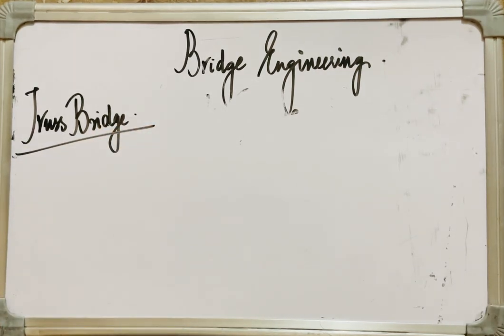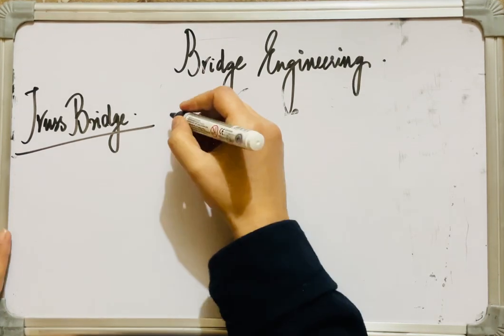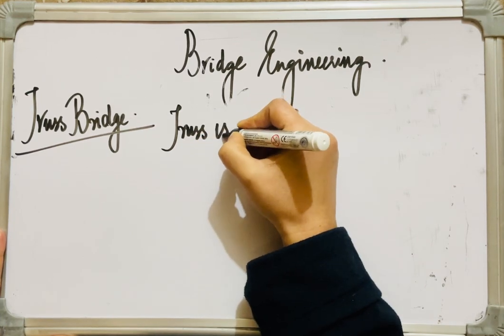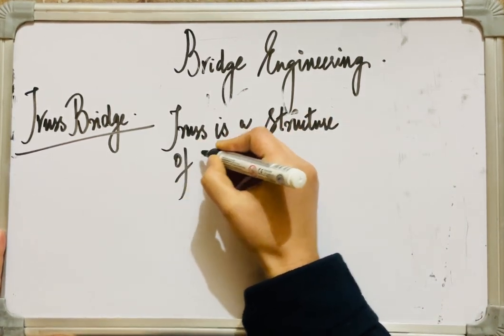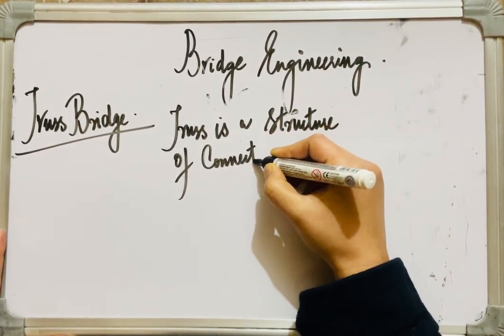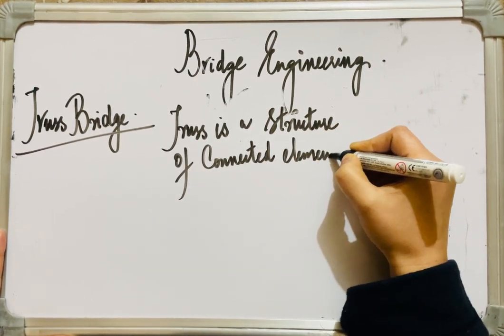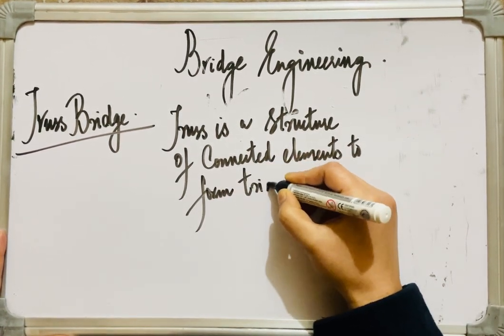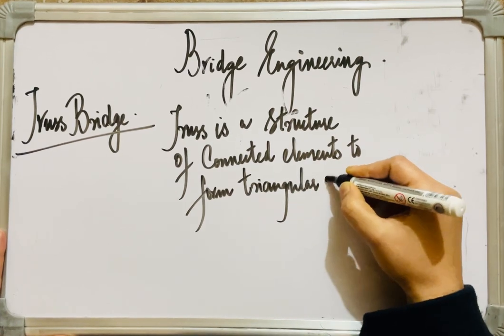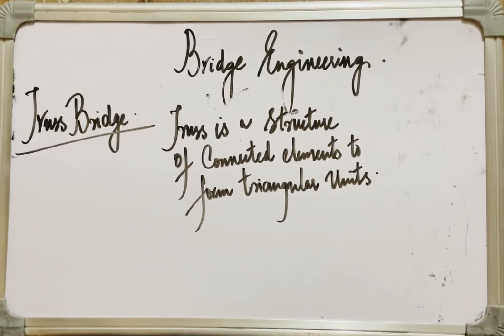Truss bridge. What is a truss? A truss is a structure of connected elements to form triangular units. You all know that a truss is a structure of connected elements to form triangular units, and the bridge deck in case of a truss bridge is supported by steel trusses.